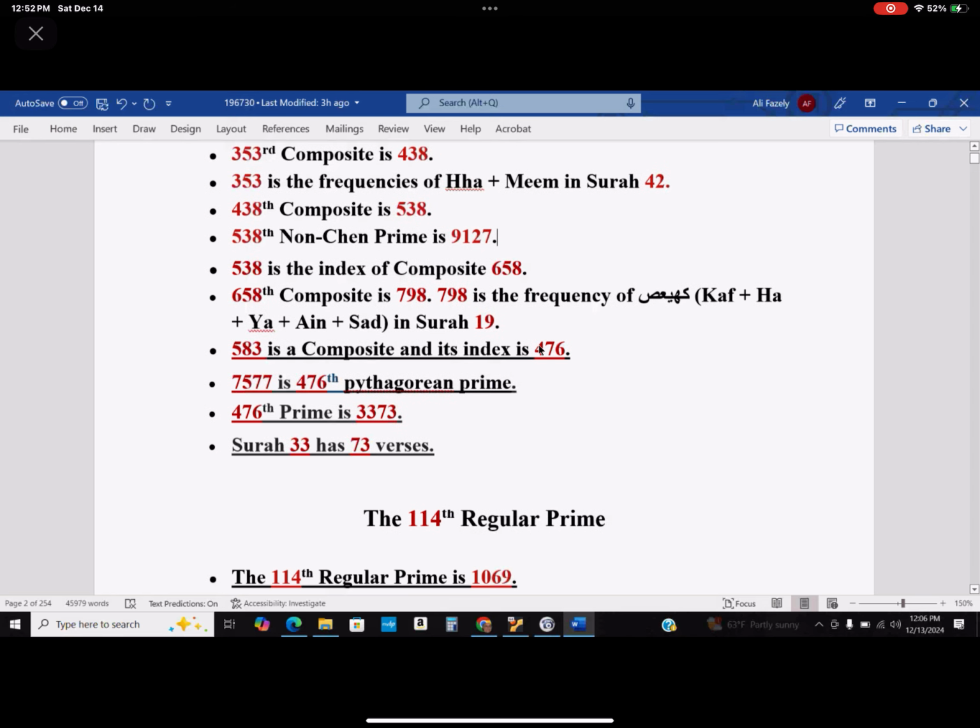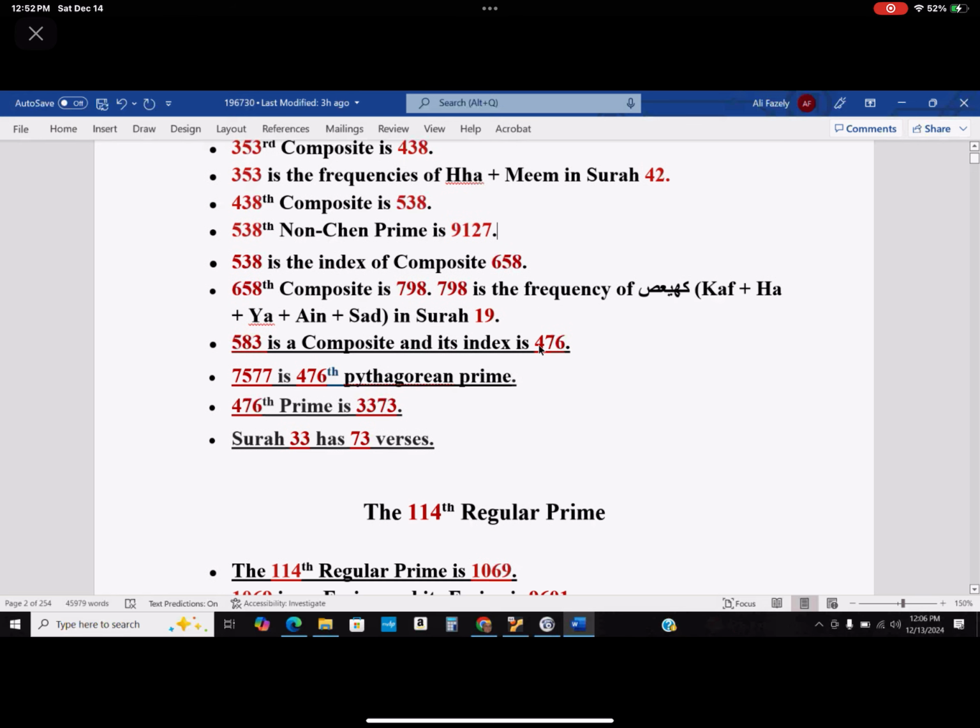We also established that chapter 33 is supposed to have 73 verses. No counting, nothing. So as I said, the word of God is actually surrounding us. These numbers are all there, and these are eternal commandments that God is telling us.